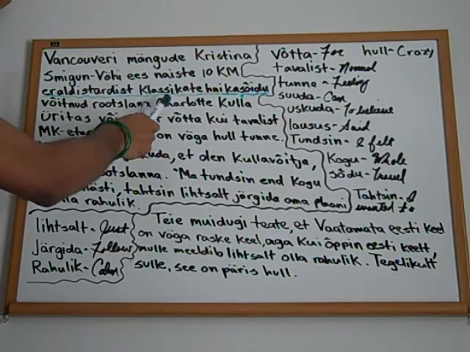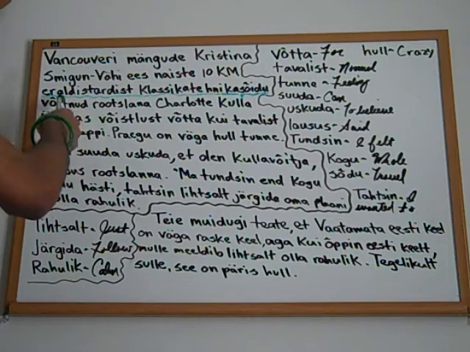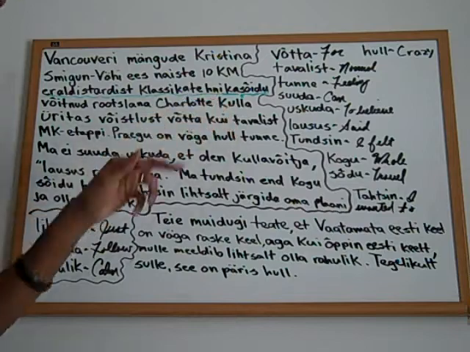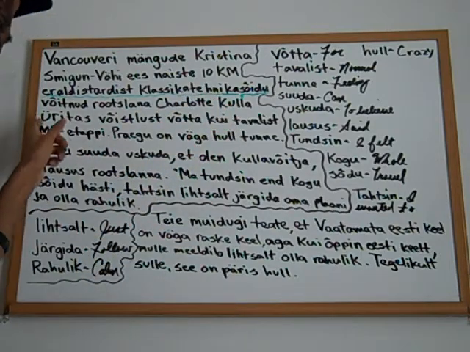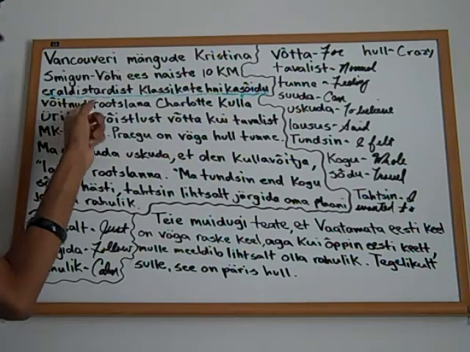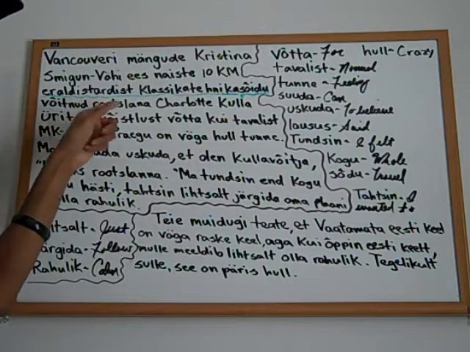That's Swedish, another Swede. Voitnud, as you can see here, I don't think I wrote it up here. This is like a win, like won something. So Charlotte is Swedish. Kula is metal or gold. So she won the gold. Charlotte won the gold.